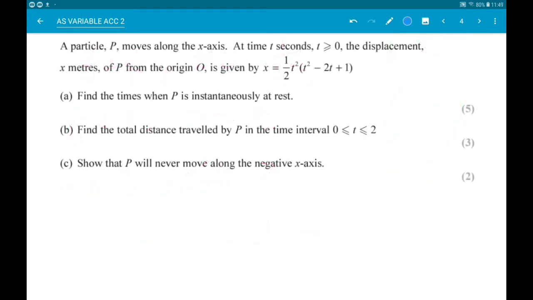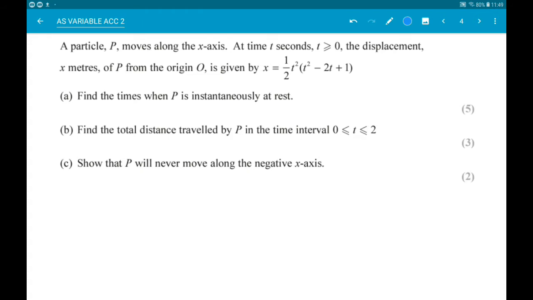Okay, then for part C, we want to show that P will never move along the negative x-axis, so its displacement will always be positive. Okay, so the way that we're going to do that is by factorising x.